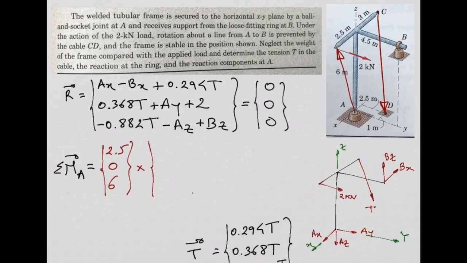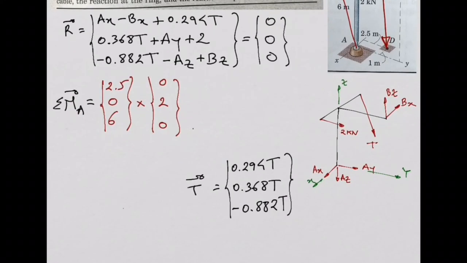Now we need to define the force vector. This 2 kilonewtons is a force with component along the Y direction only, right? So this force should be 0, 2, 0. You agree? And then we just do the external product now. So I'm going to speed up the external products now. So we have in the X direction minus 12.